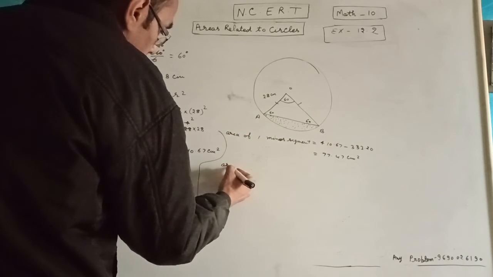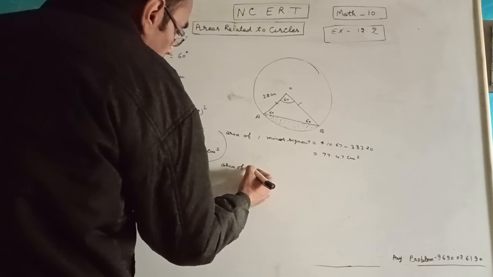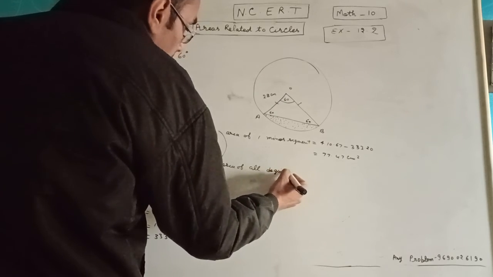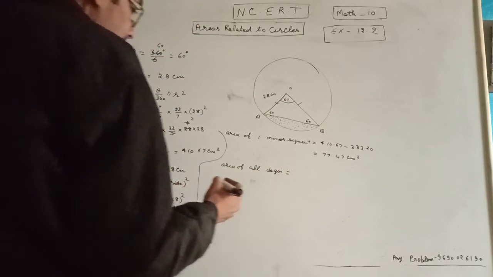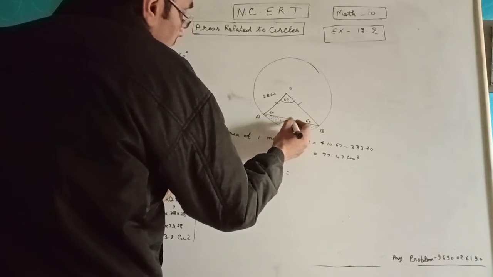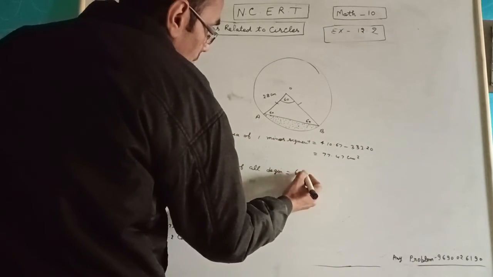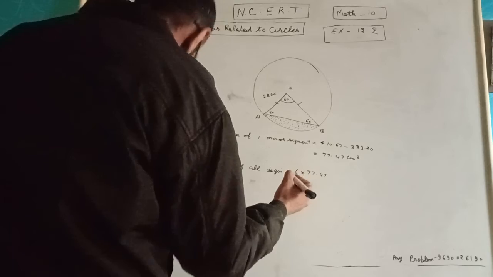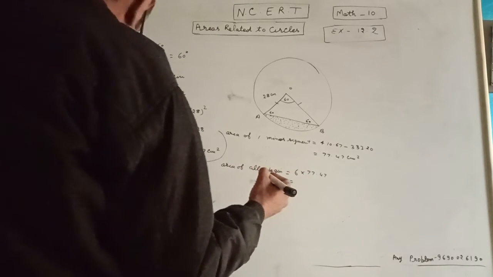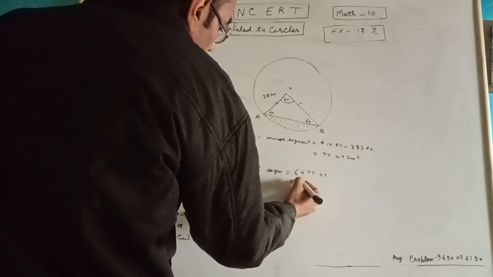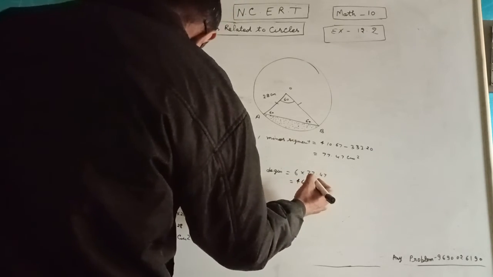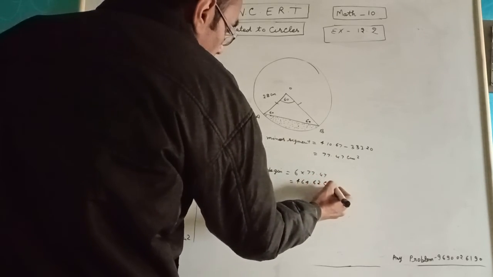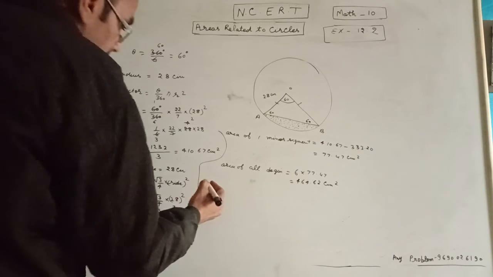Area of the whole design is equal to 6 designs, as dotted. So 6 into 77.47, after multiplying, 464.62 cm square is the area of the design.